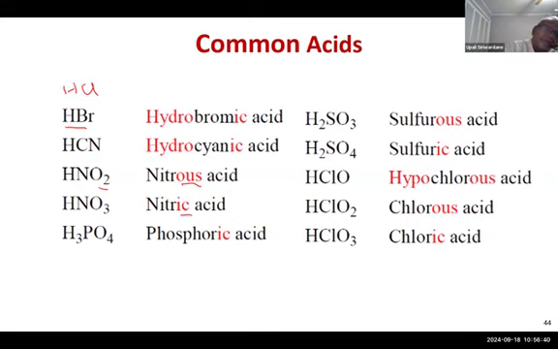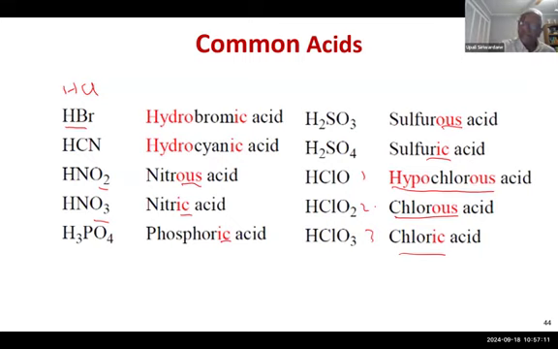Nitric acid is 3 oxygen. Phosphoric acid, sulfurous acid, sulfuric acid, hypochlorous acid, chlorous acid, chloric acid. These have one oxygen atom, two, three.